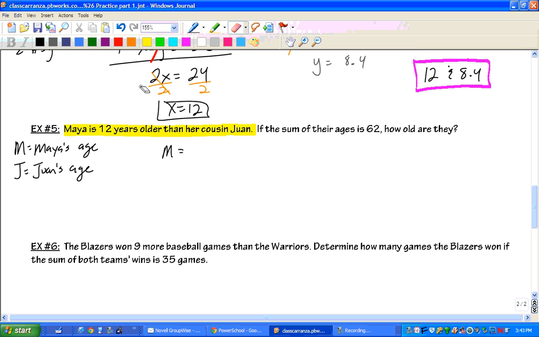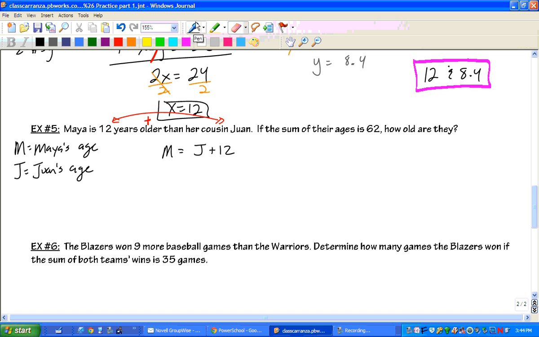Okay, older means more. More than means we need to switch those two. Okay, so we're going to do j plus 12. Okay, remember that there's a list of the words in the classroom about what they mean.